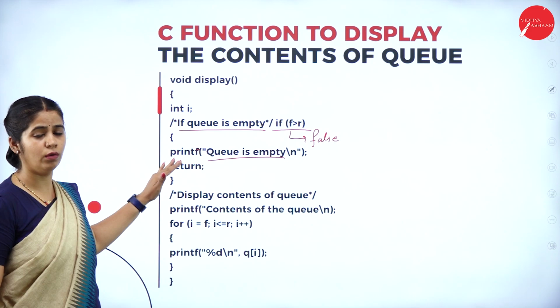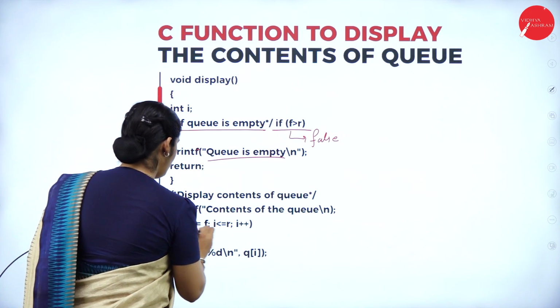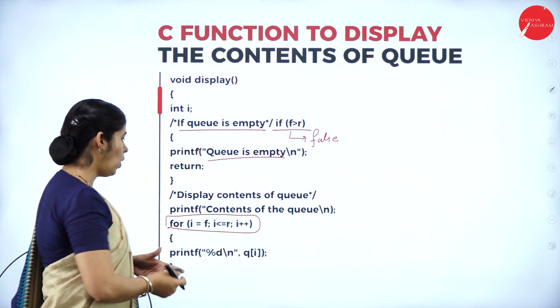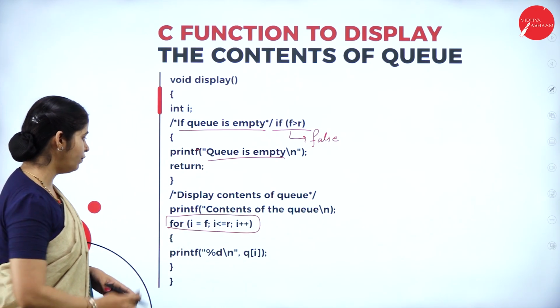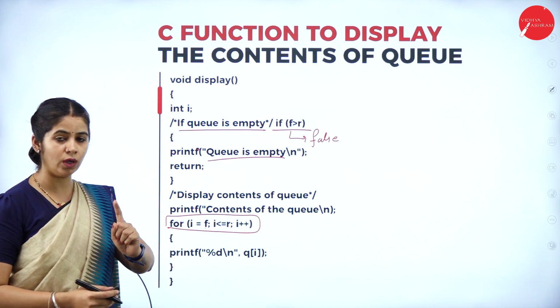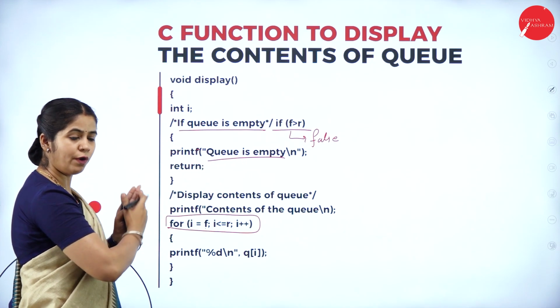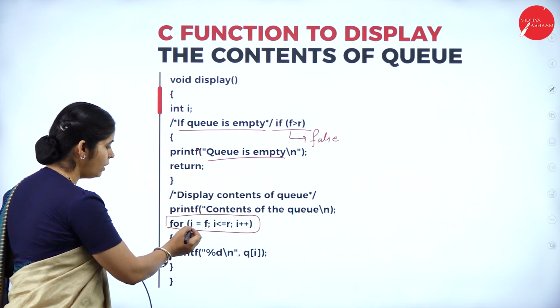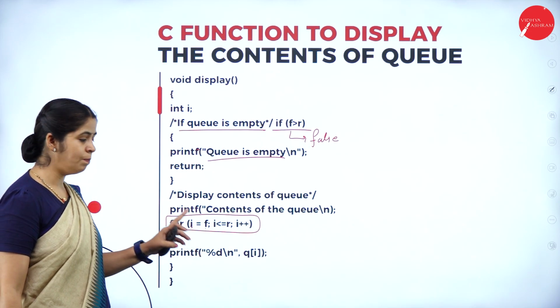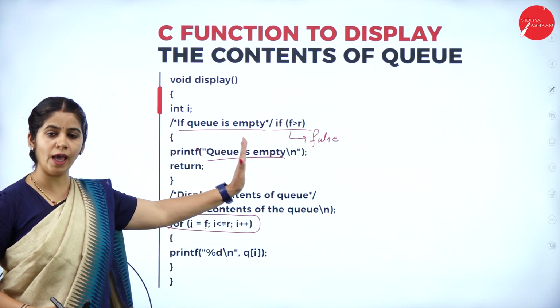If this condition fails, then what we have to do? We have to display. So what we are doing? We are using the for loop to print all the elements of the queue. I will be pointing to which location? The front location, because we are moving from left to right, that is, from the front end to the rear end. So I will be pointing to the front, and then I is less than or equal to R. Till how long we have to traverse?